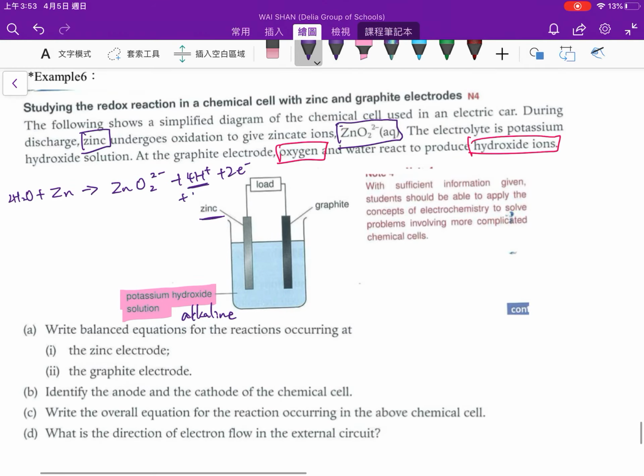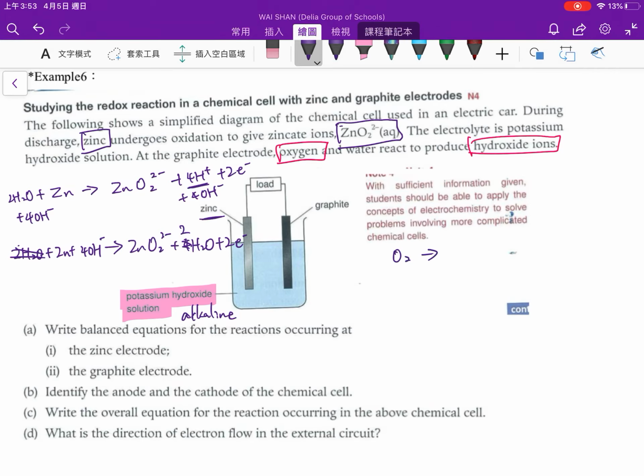The hydrogen ions should not appear, so we add 4 hydroxide here and add 4 hydroxide on the opposite side to make sure it's equal. Okay, so now it's done. If you know how to do it, you can skip it already. Okay, 4 water, and then to simplify it, we deduct 2 water from both sides, so it's done.